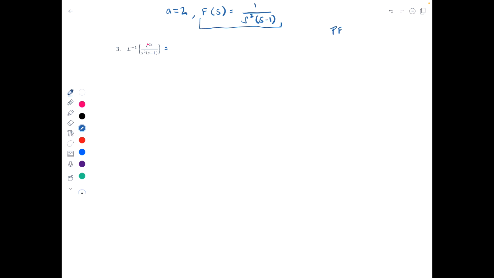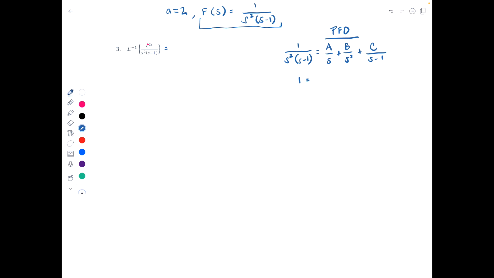So our partial fraction decomposition: 1 over s squared times s minus 1 is going to equal a over s plus b over s squared plus c over s minus 1. So getting a common denominator, we don't have to write our denominator every time.